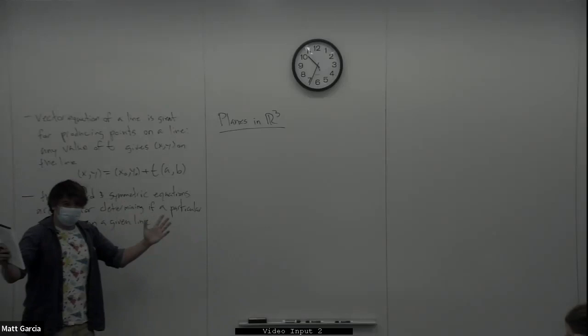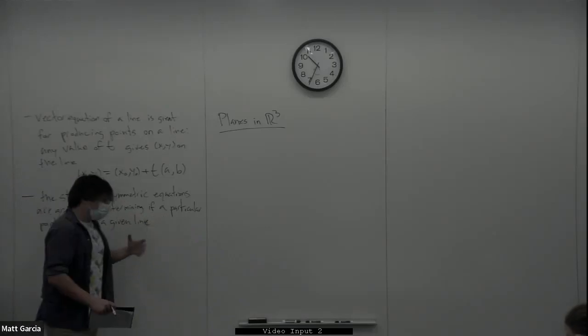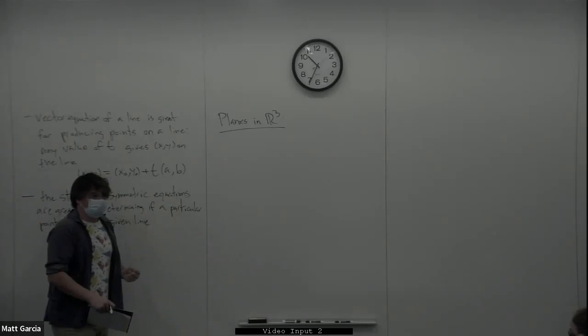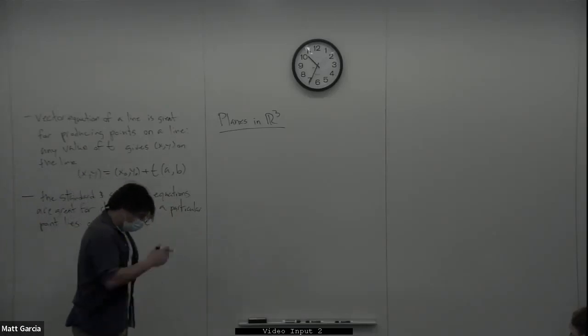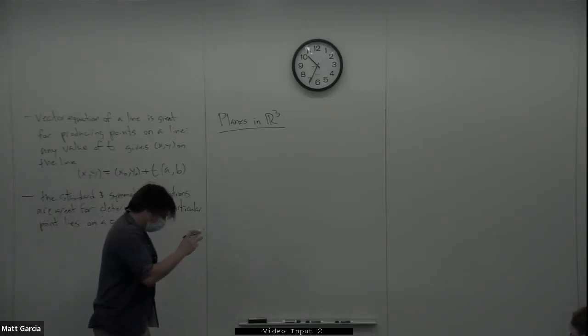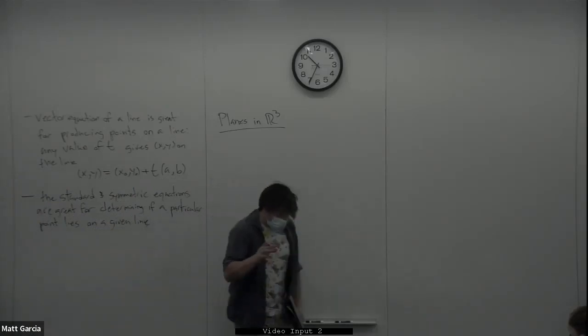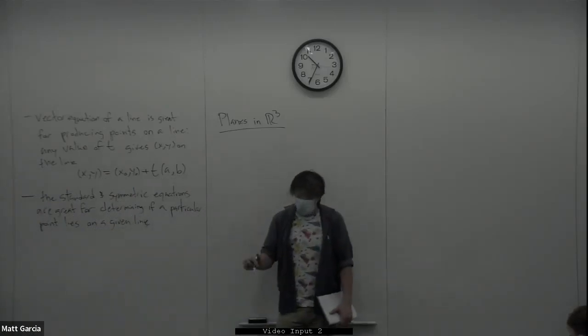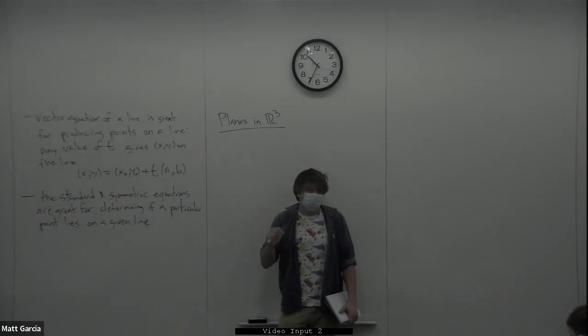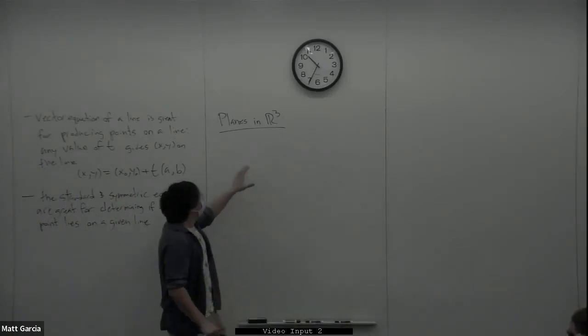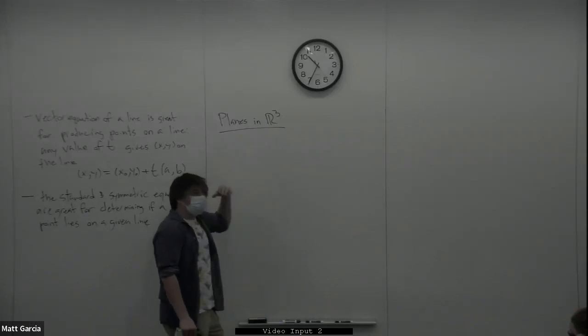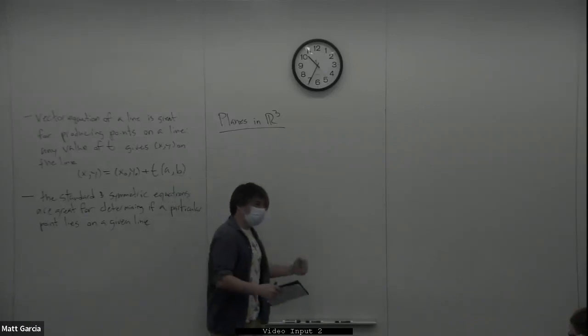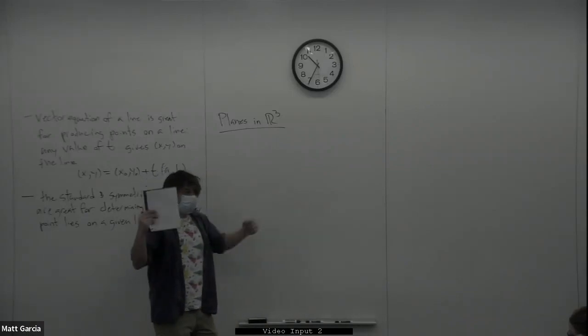When we move up a dimension, planes become the analog of lines, right? That is to say, here's the pattern. When we're in R2, we talk about lines because they're the thing that's 1 dimension less than the entire space. When we're in R3, first we'll be concerned with planes, the thing that is 1 dimension less than space.